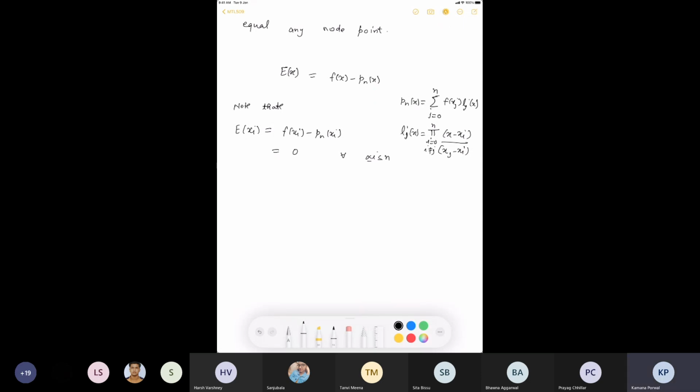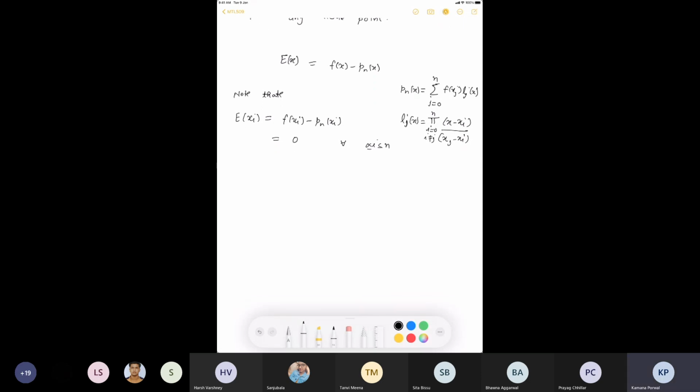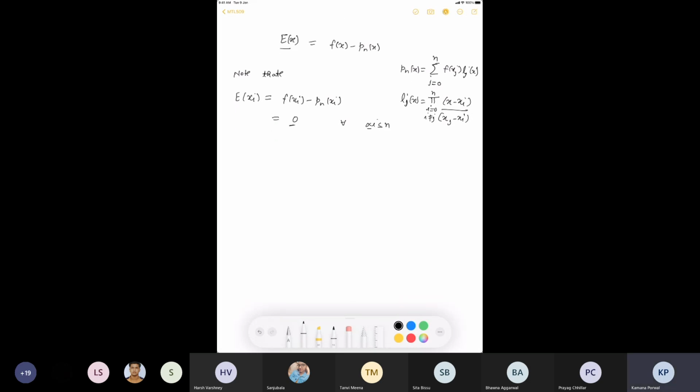So now I'm going to construct one function using this function e of x, which not just vanishes at the xi but also vanishes at the point t. Let me call that function g of x. I already know that e at the xi's is 0 for all i, and I want this function g to be 0 at t also.